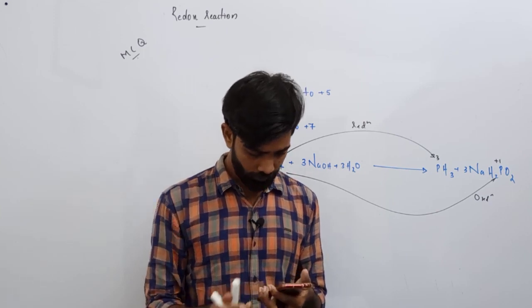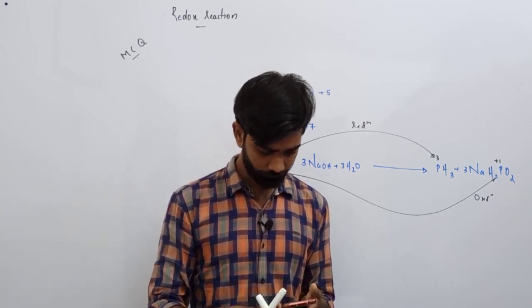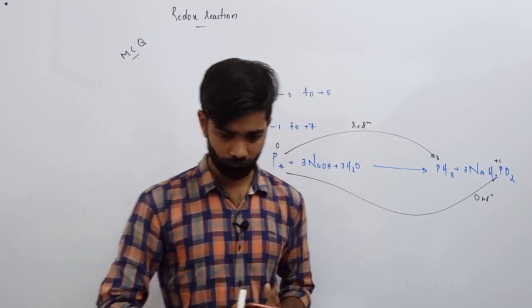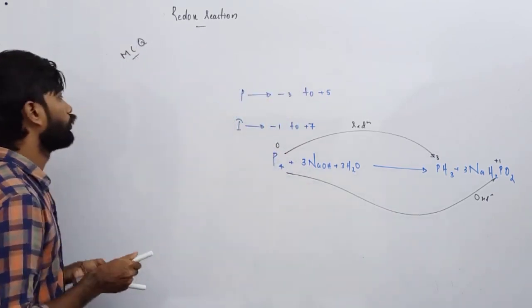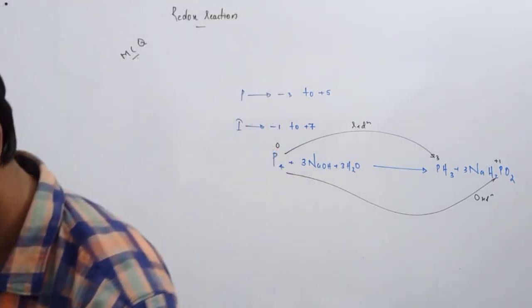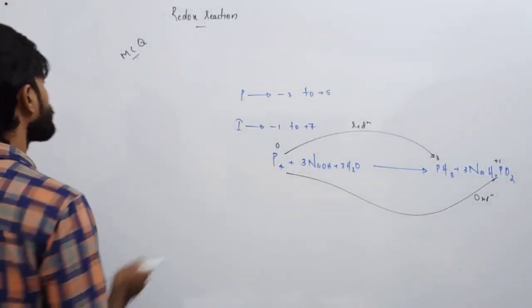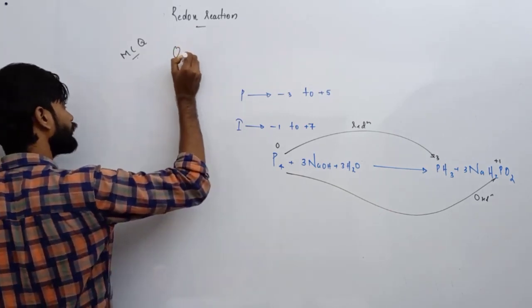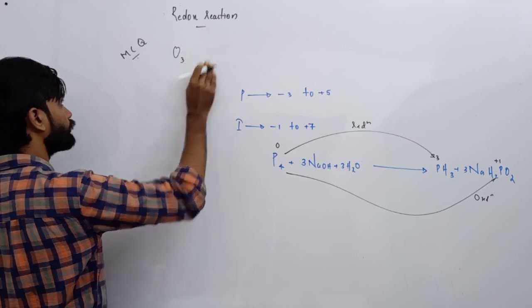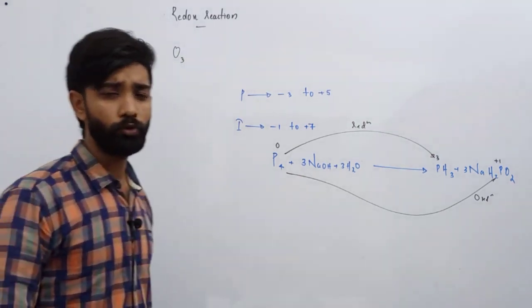The next question. Oxidation number of oxygen in the O3 molecule. O3 means what? Ozone, right? So ozone is an elementary state of oxygen. It's an elementary allotrope of oxygen.